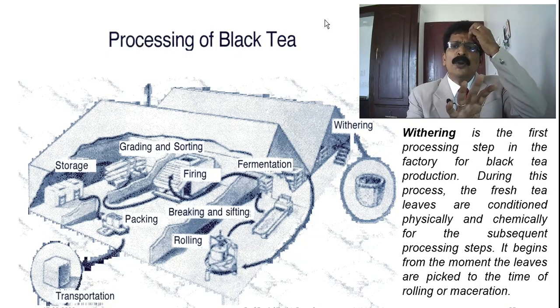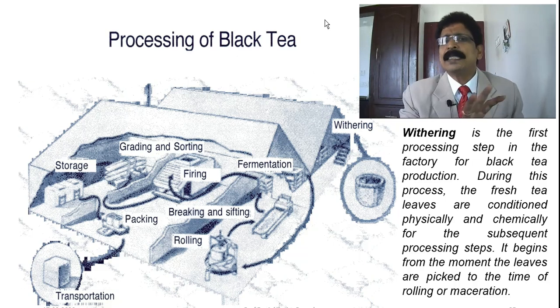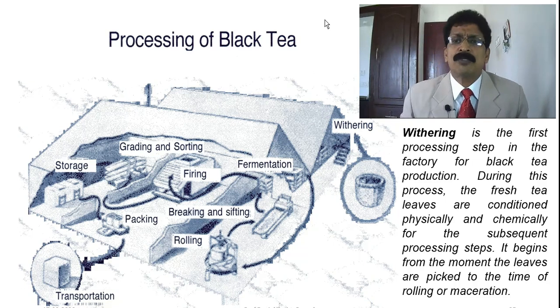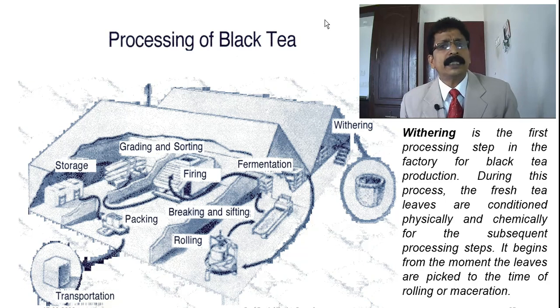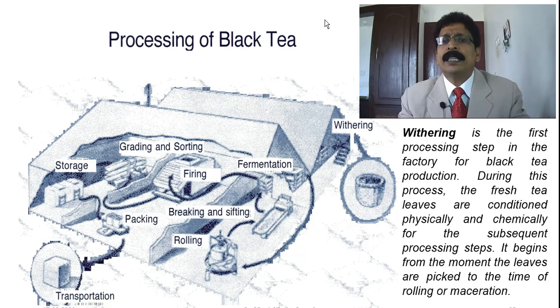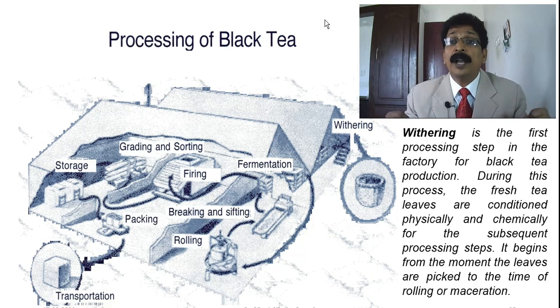This is just to show you the processing of black tea, which you can see nearby your houses, because most of them are from hilly areas, the high range students may know how they are processing. If you have not visited, please go and visit and know the things, and it will make you more interested, because you get to know something when you observe and do something in practical.